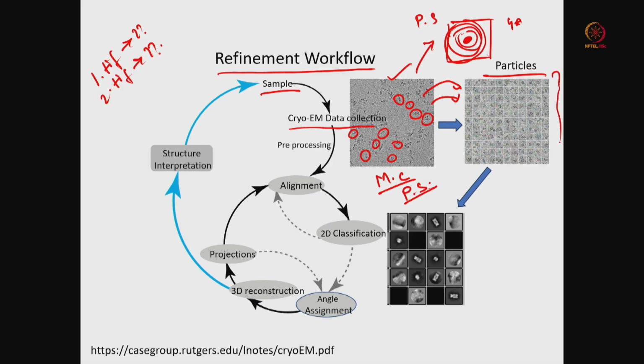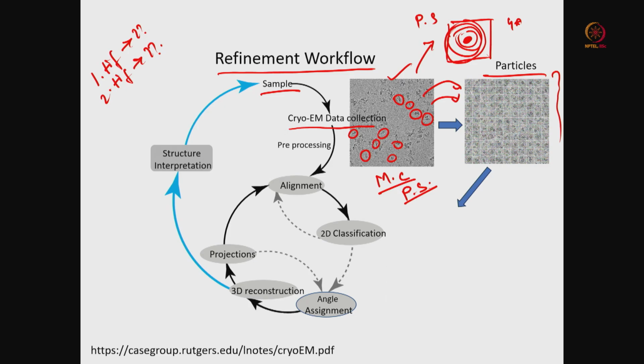When we have a stack, first thing first we will get 2D averages of this stack file. So, if you come here, in this particular case we have the cryo data, and here we are doing the pre-processing. What does pre-processing mean?